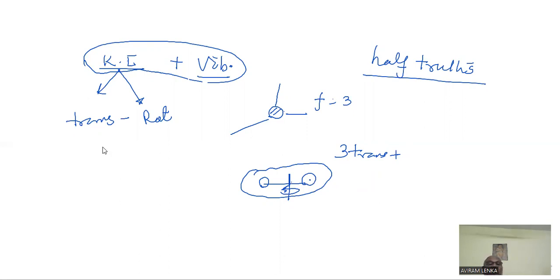Here, there is a term which is quantum mechanical freezing.